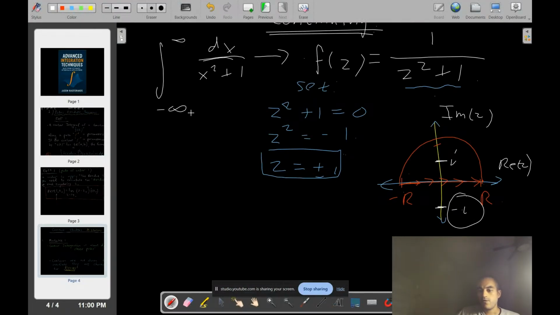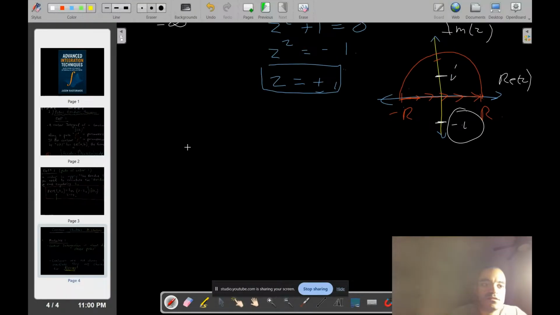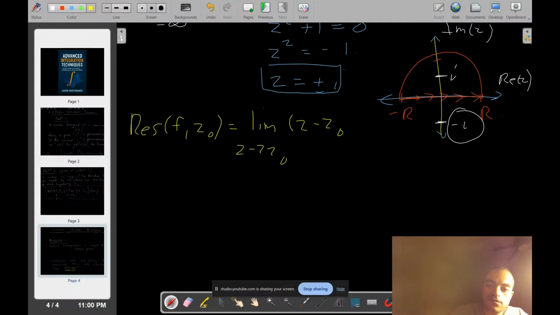When we do our calculation, first off, we have to use the limit formula, the residue calculation formula. That states that the residue of f at z0 is equal to the limit as z approaches z0 of z minus z0 times f of z.